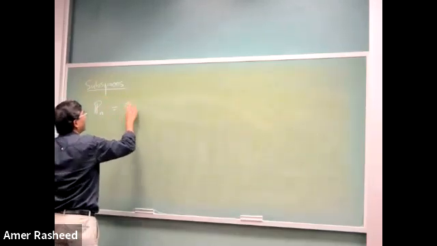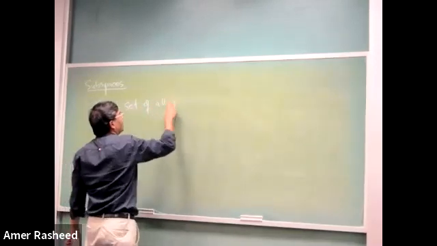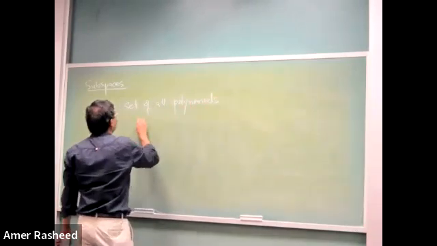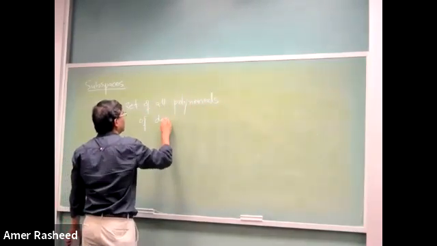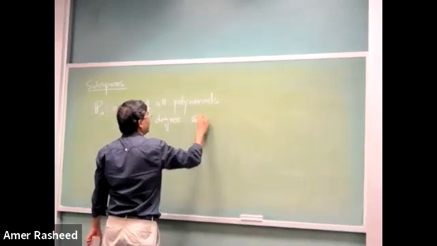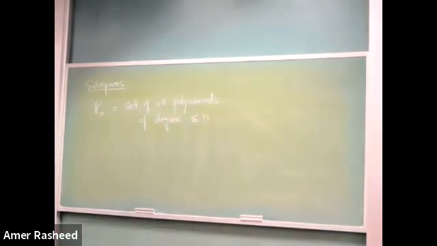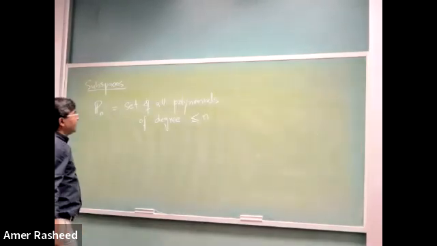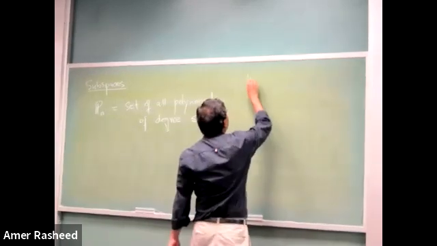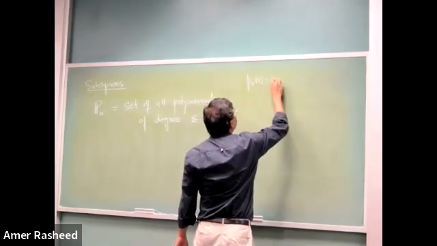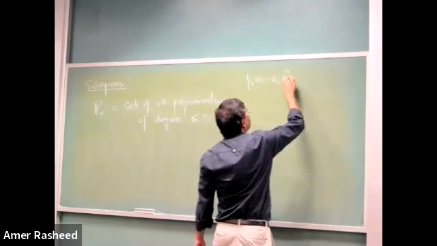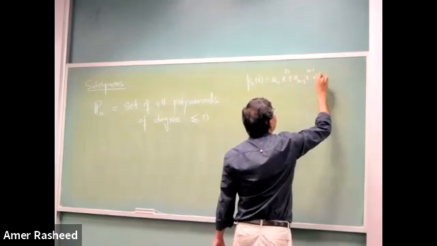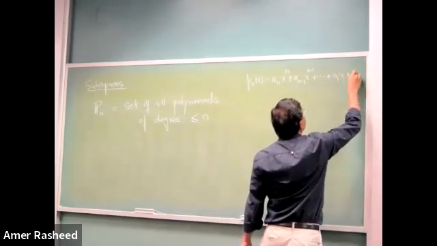Pn is the set of all polynomials of degree less than or equal to n. And how can you define a polynomial of degree n? Pn of x is a_n x to the power n plus a_(n-1) x to the power n minus 1, and so on, plus a_1 x plus a_0.